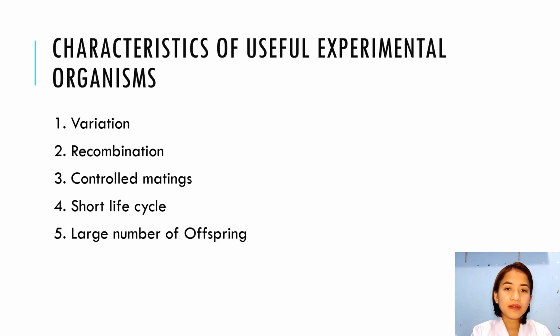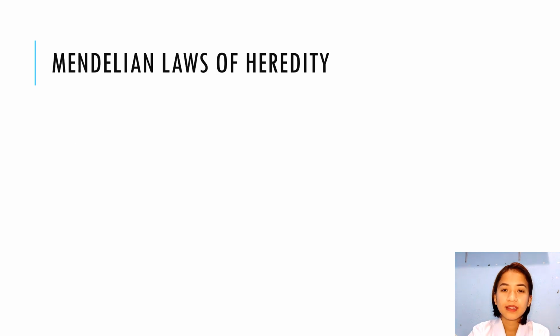A large number of offspring or progeny per mating is necessary to help detect the occurrence of rare events. Convenience of handling. It should be possible to raise and maintain the organism conveniently and inexpensively. Bacteria are very useful experimental organisms in this respect. Let's take a look at Mendelian laws of heredity.